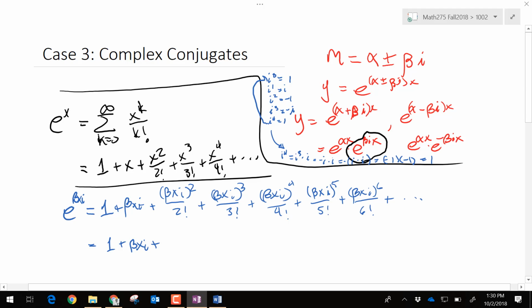So you can see that this kind of starts looping itself, and they generate this pattern of either 1, i, -i, or -1. I probably said that in the wrong order. It's 1, then i, then -1, then -i, and then 1 again. So like the first one, technically you have b times x times i to the 0 power, and that's just 1.